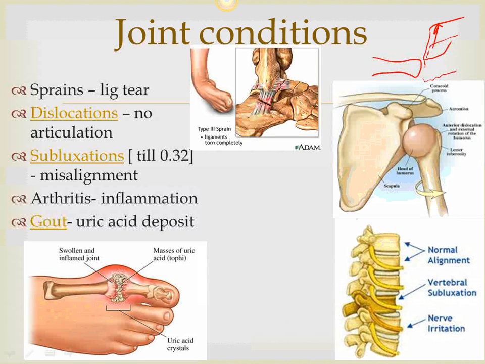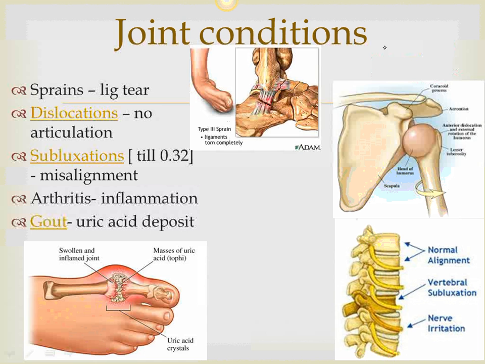In comparison to a dislocation, we have something known as a subluxation. Subluxation means where the bones are still in contact with each other. They are not completely away from each other, but the contact is not right. So they are misaligned. So to give you the same example, if here I showed you a dislocation where the acromion and the clavicle are no longer in contact, no articulation.